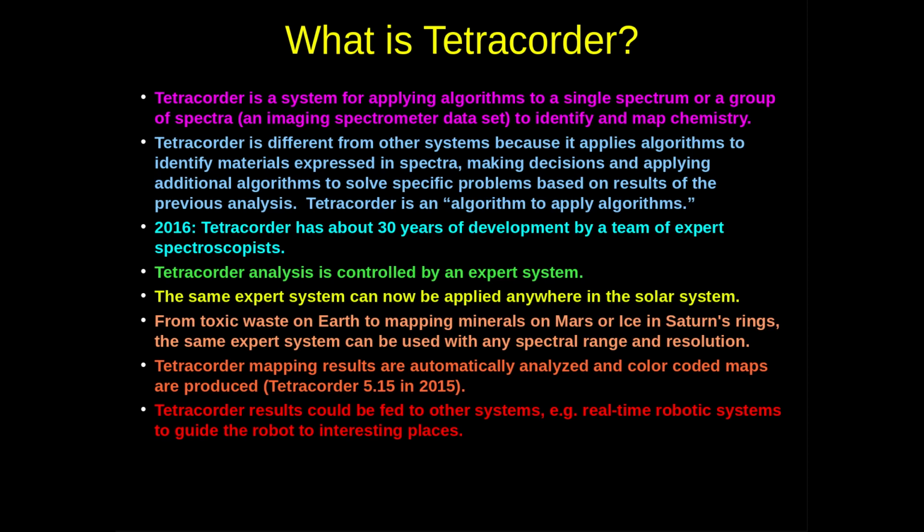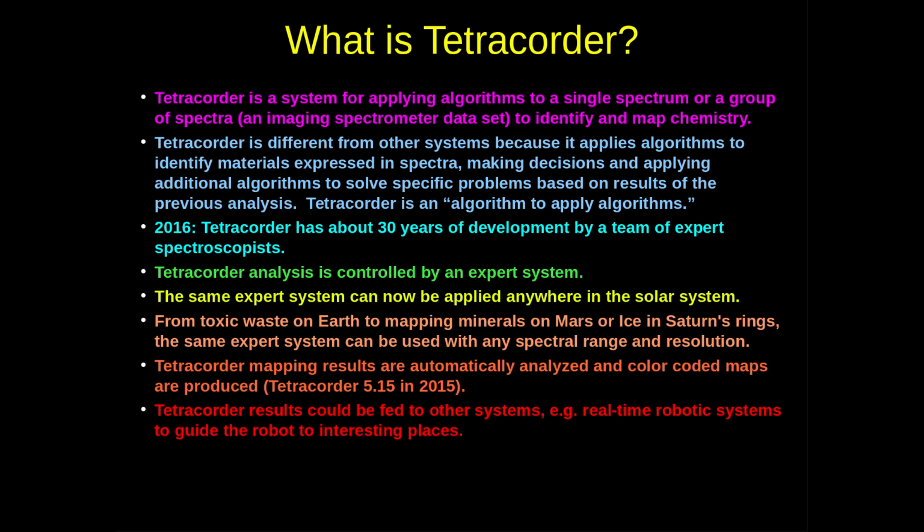specific chemistry. The difference here is in a typical remote sensing algorithm, say a band ratio or a principal components analysis, the result is an indicator of something, but it may be indicating one of multiple things.